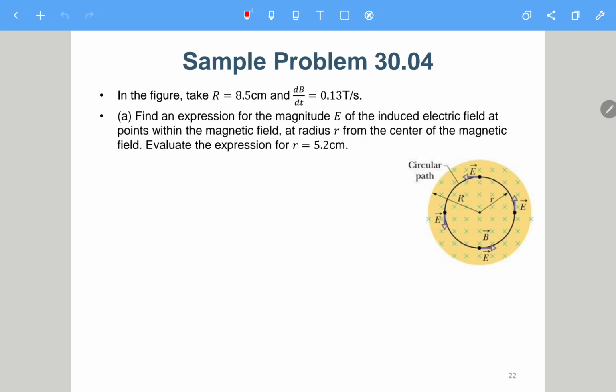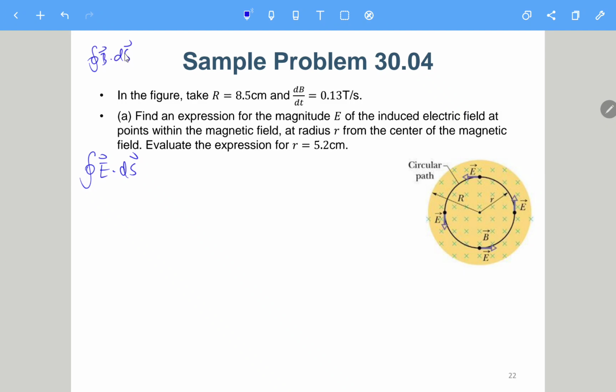Okay, so we would like to use Faraday's law. First of all, we have the integration of E dot ds on the left side, similar to what we have done in chapter 29. At that time, it was something like the integration of B dot ds. We assumed many things: B is uniform, and B and ds are parallel to each other and point in the same direction.